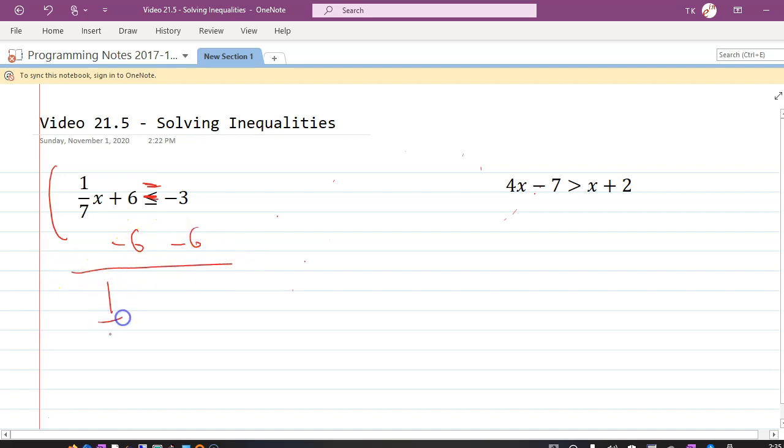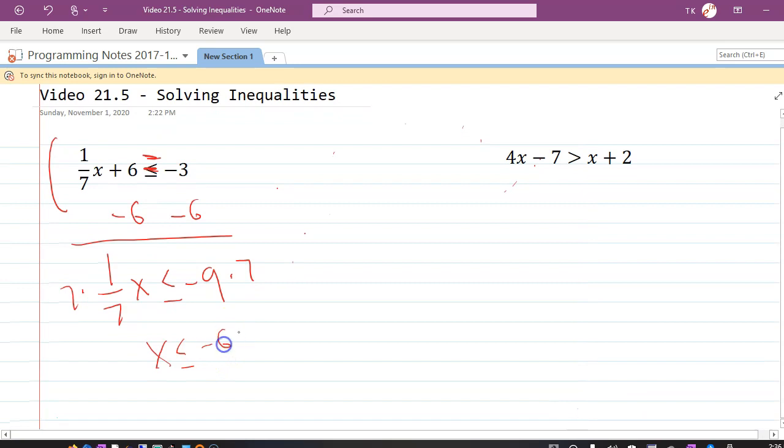I want to progressively get x alone. 1/7 x is less than or equal to -9. Then I multiply each side by 7, and I get that x is less than or equal to -63.